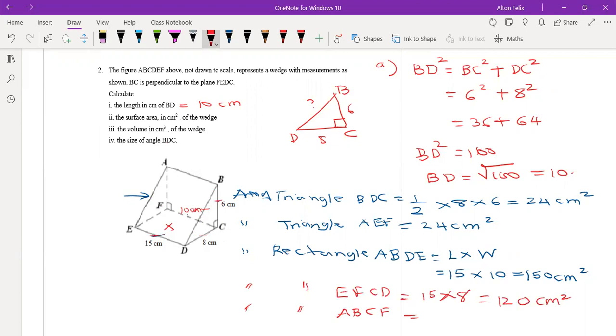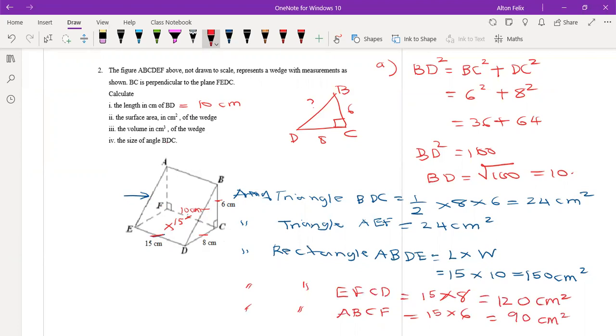This 15 centimeter distance from E to D will be the same as F to C. So this will also be 15. So the area of rectangle ABCF will be 15 by 6, which is 90 cm squared.